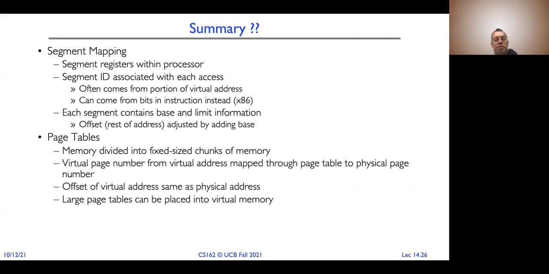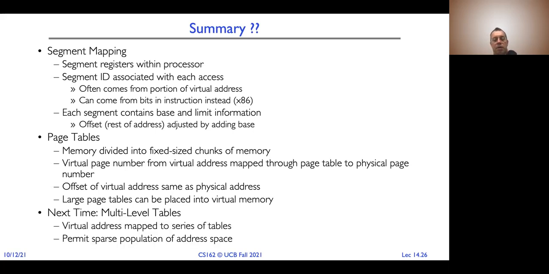These are the two solutions. With segment mapping, you are going to have segments, and you page the segments, and then in the page tables you page the page tables. Let's look at how this works.